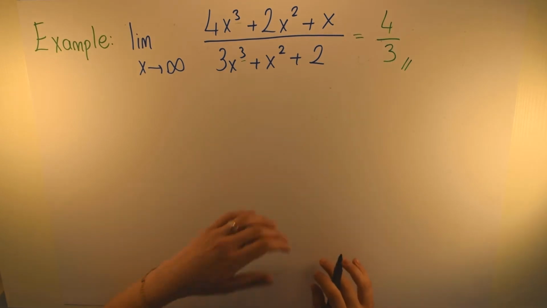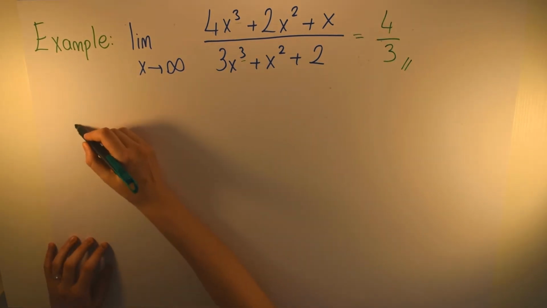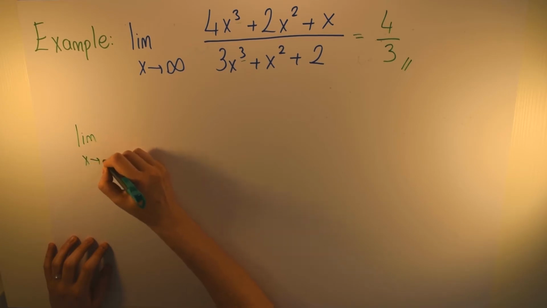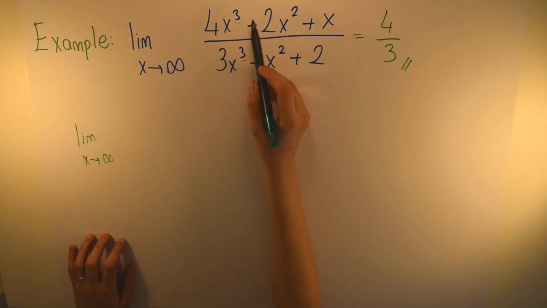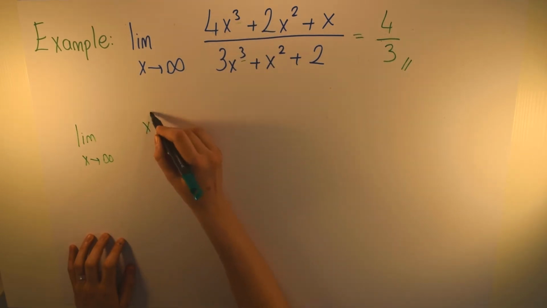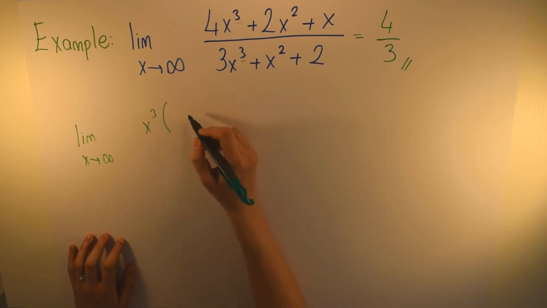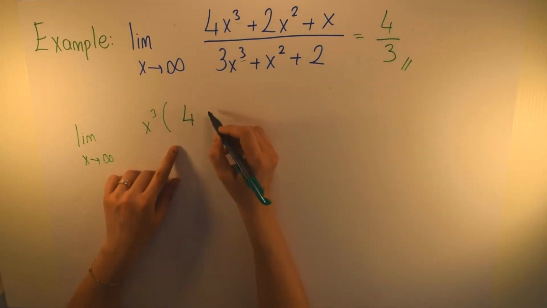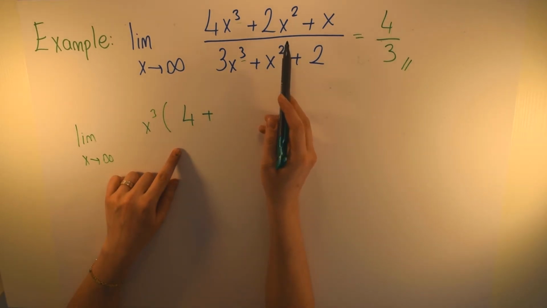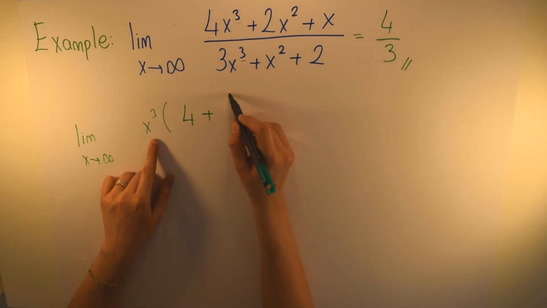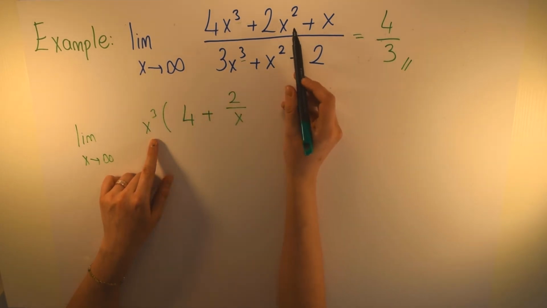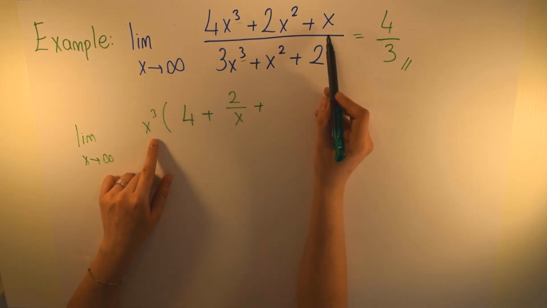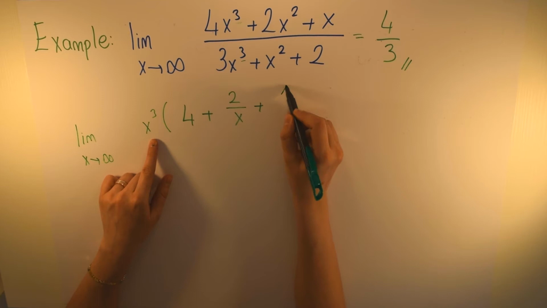Okay, so let's also use the other way we did before. The limit as x approaches infinity. Here we said that x cubed has the highest degree, right? So we will take the parentheses of x cubed, and in the parentheses it's 4 plus 2x squared, and since I have x cubed, I can write this as 2 over x, because when you multiply these two, you will get 2x squared, plus we have here x, so this will become 1 over x squared.